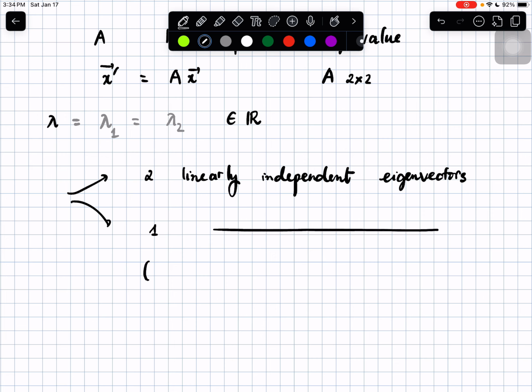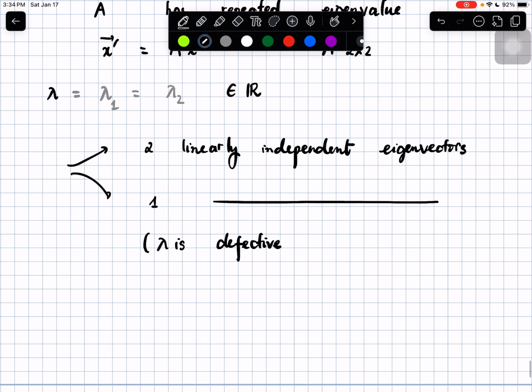So this means that lambda is defective. The matrix A is not diagonalizable. In this case, with one actual eigenvector, we need to find another one, one generalized eigenvector.